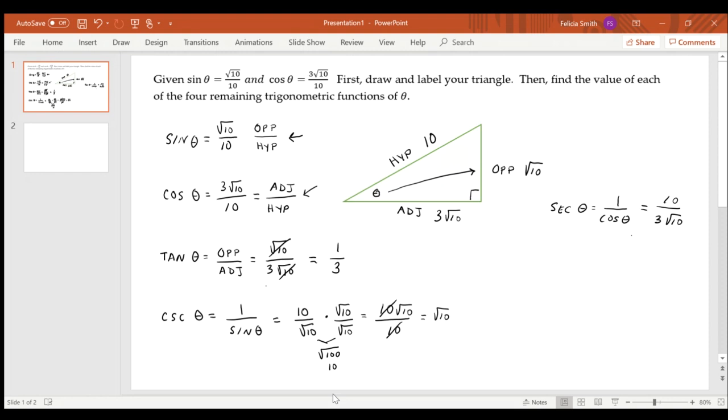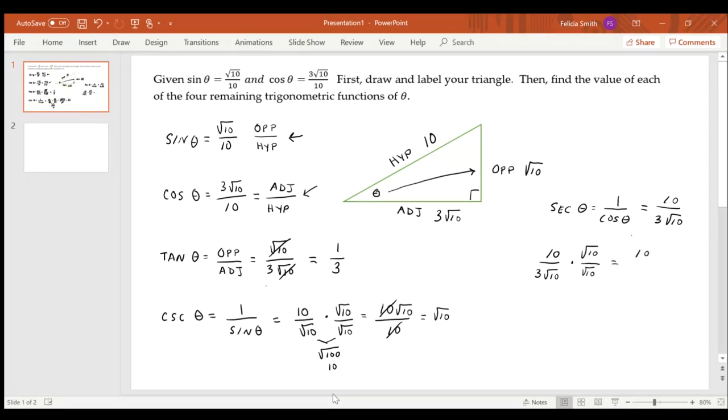Some students have asked me, do I have to multiply top and bottom by 3 radical 10? You can. You're just going to have one additional step to reduce. The only thing I really need to get rid of is the radical 10. So I'm going to go ahead and take this answer and multiply top and bottom just by the radical 10 over radical 10.